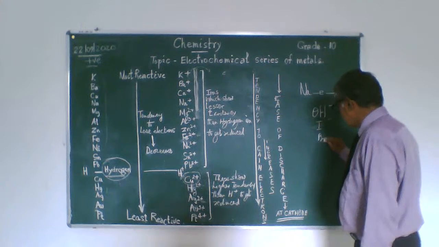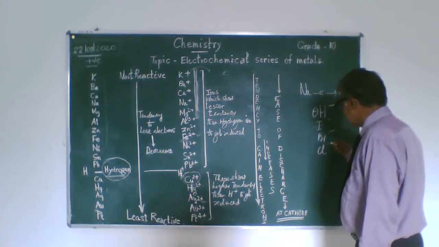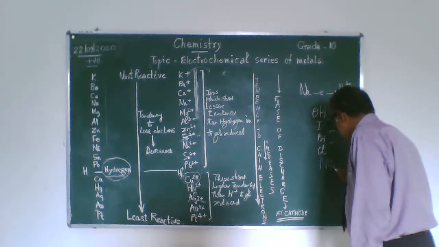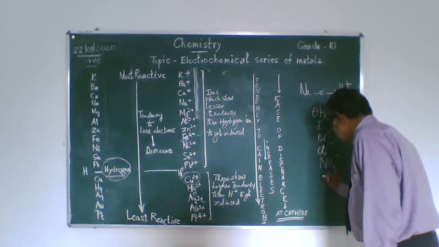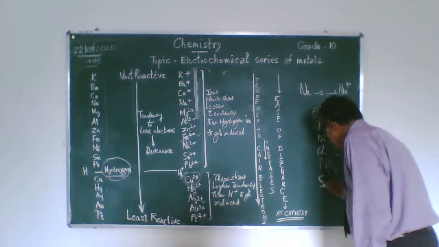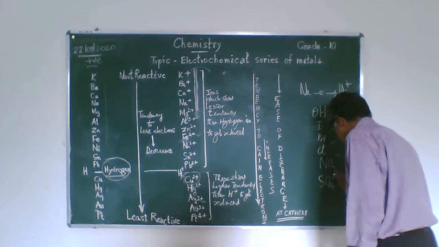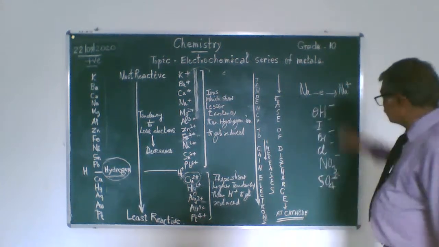Bromide is a negative ion. Chloride is a negative ion. Nitrate, NO3, is a negative ion. Similarly, sulfate, SO4 2 minus, is also a negative ion. These are all negative ions.